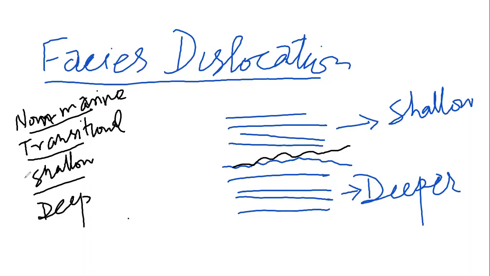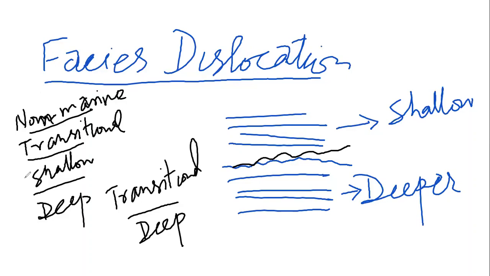If over deep rocks, rocks of transitional or non-marine environment directly overlie the deep rocks, then it means that shallow rocks are missing.